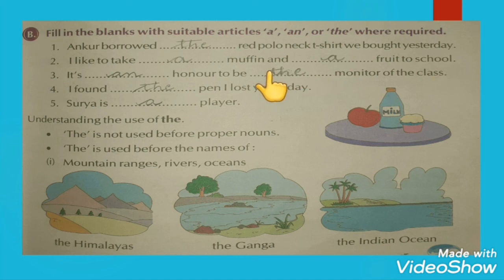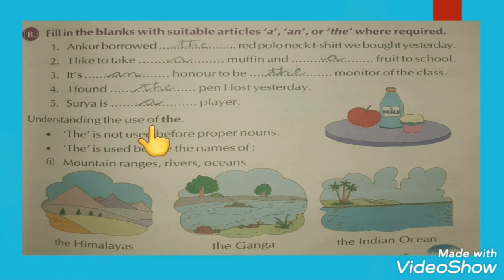Here we are using a. It's an honor to be the monitor of the class. Here we are using an before honor and the before monitor. एक particular लड़की की बात कर रहे हैं, that's why. Now students, questions 4 and 5 you have to try by your own.